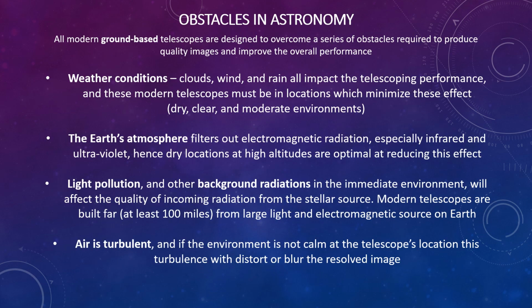So there are some obstacles. We've talked about these background sources as being one of them. But all of these modern ground-based telescopes have other things that they have to overcome. For instance, they have to overcome the weather. The clouds will block out optical light. The wind will make it unsafe to operate telescopes. Rain will absolutely make it unsafe to operate some of the optical telescopes.